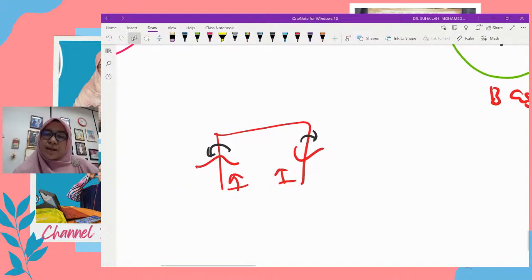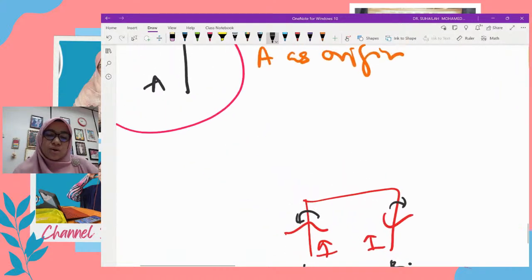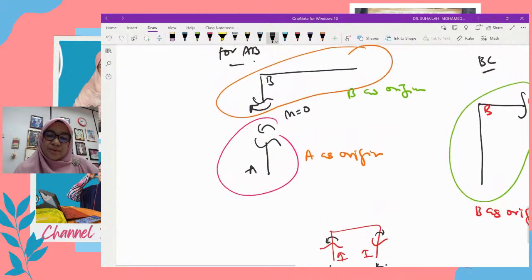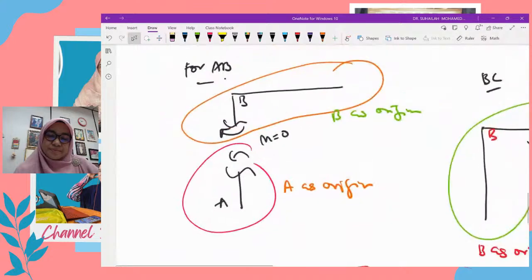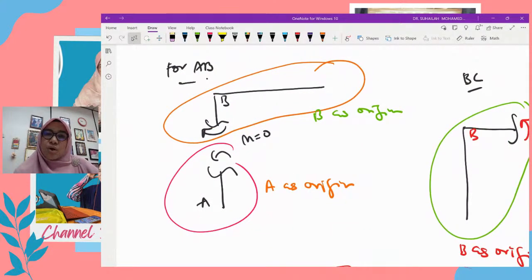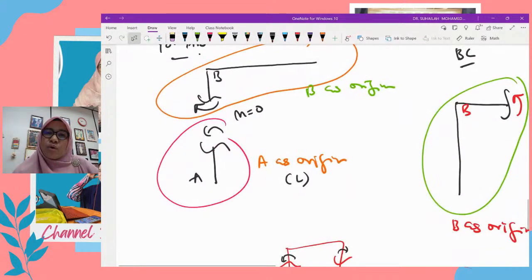So where is left, where is right? This is left, this is right. So A as origin is left, and when origin is left, the moment is counterclockwise.